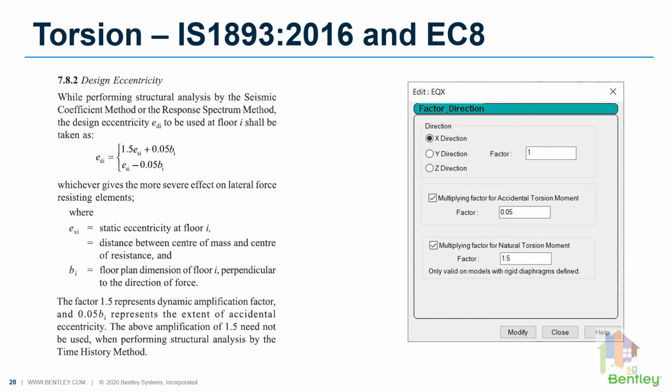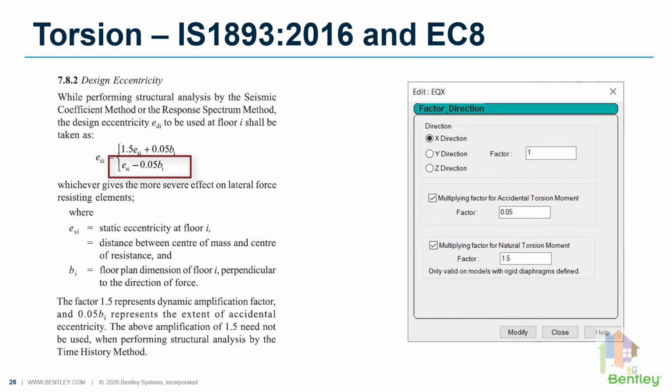For EC8 code and IS 1893 code, two equations are mentioned to calculate the design eccentricity value. In the first equation, the dynamic amplification factor for static eccentricity is specified as 1.5, which means natural torsional factor should be specified as 1.5 and accidental torsion factor should be specified as 0.05.